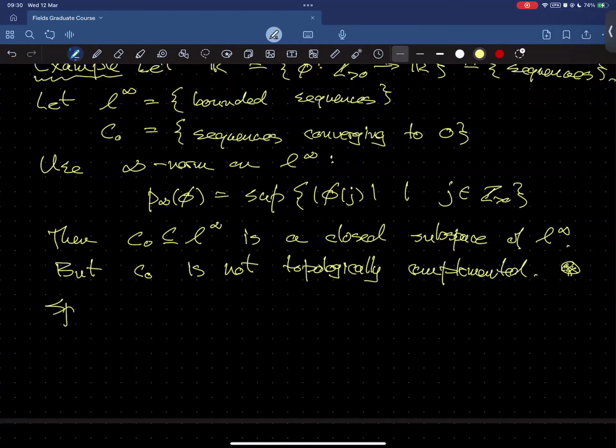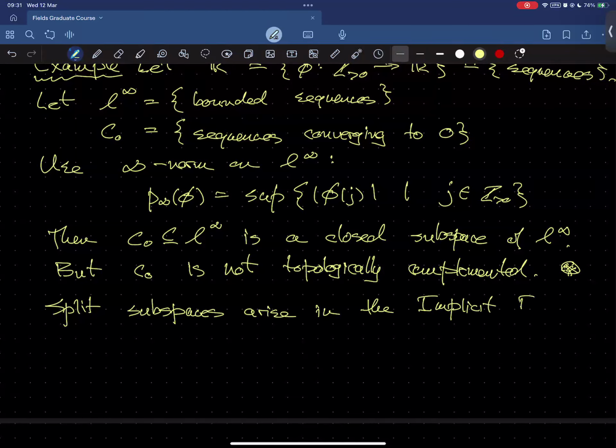Split subspaces arise in the implicit function theorem for Banach spaces.